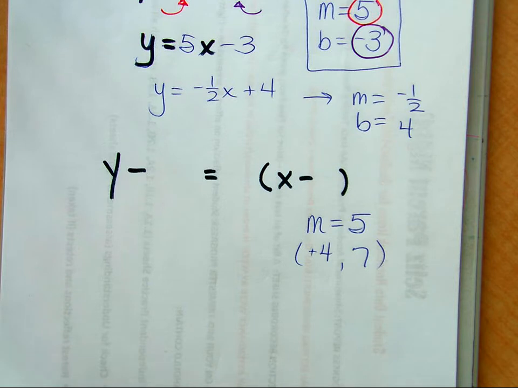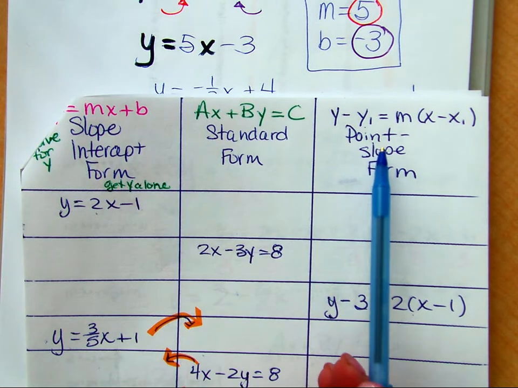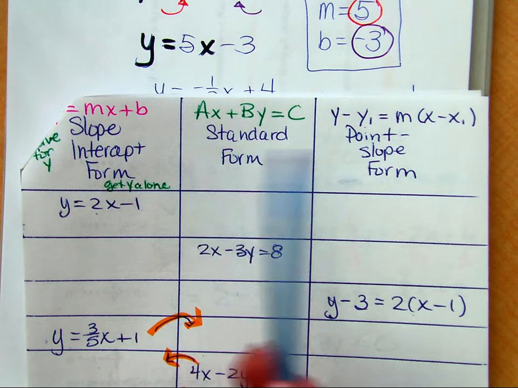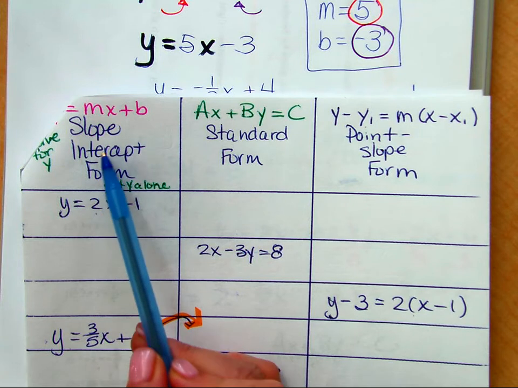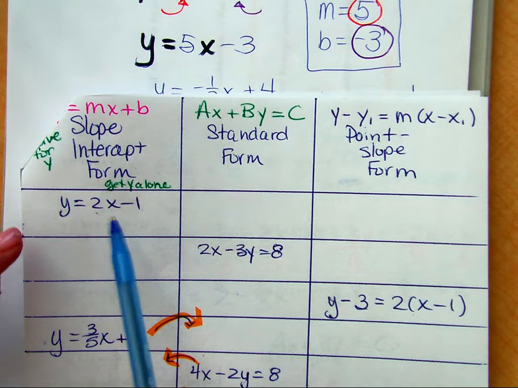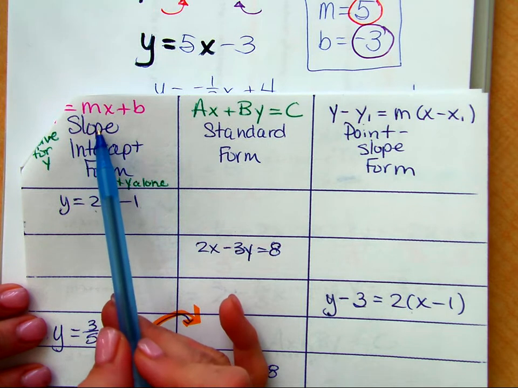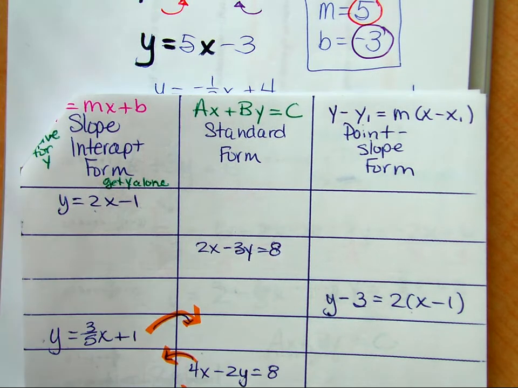So I want to point something out to you. The names of these forms are chosen for a reason, except for standard form. Slope-intercept form, use those 2 words because just by looking at it without doing any math or picking up a pencil or doing any calculations, you can tell what the slope is and you can tell what the intercept is, right?